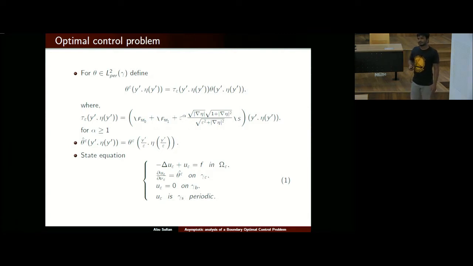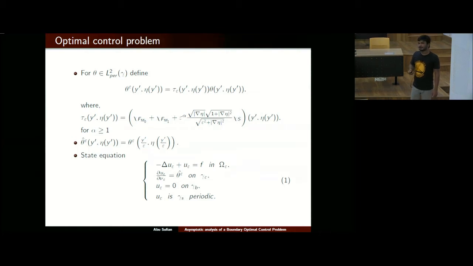So theta epsilon hat is defined by theta epsilon of y dash by epsilon, eta of y dash by epsilon. This theta comes from L2 per gamma, and for each theta we have theta epsilon hat. This theta hat is going to be applied on gamma epsilon as a Neumann boundary condition. So this is our state equation: minus Laplacian of u epsilon plus u epsilon is equal to f in omega epsilon.